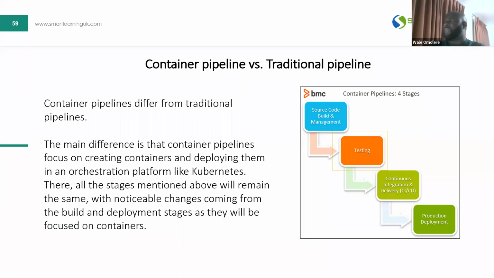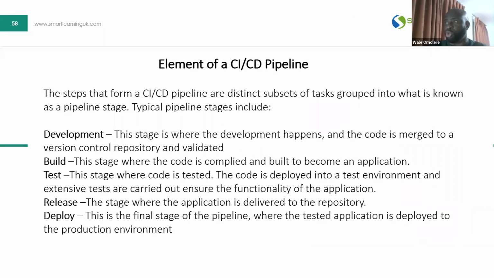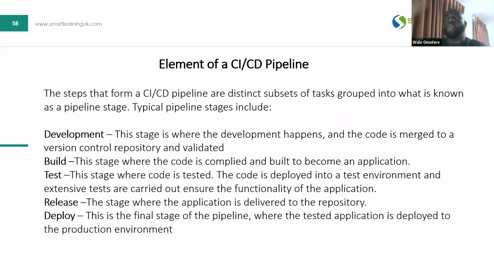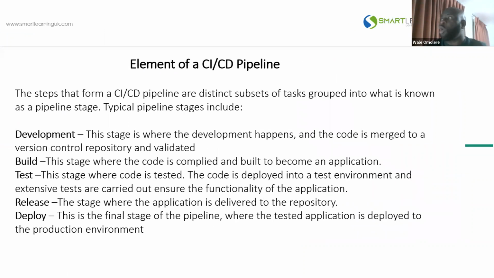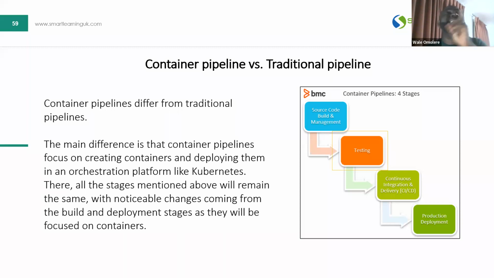All right. Then it's also important for you to know that we have different types of pipeline. Whilst we have the traditional one, which I have showed to you earlier on, which is standard, it would have different stages. We also have what we call the container pipeline. Remember, I was telling you about modern software development. All right, the way we build software now is different from the way we used to build it.